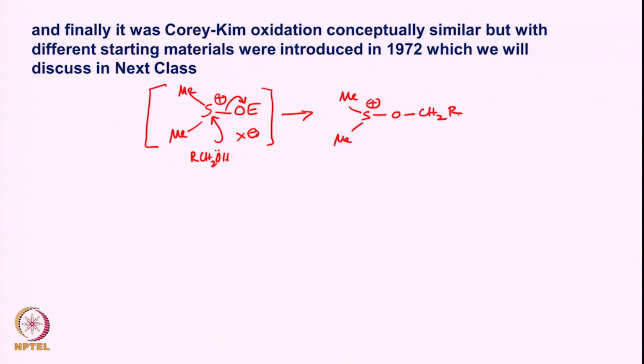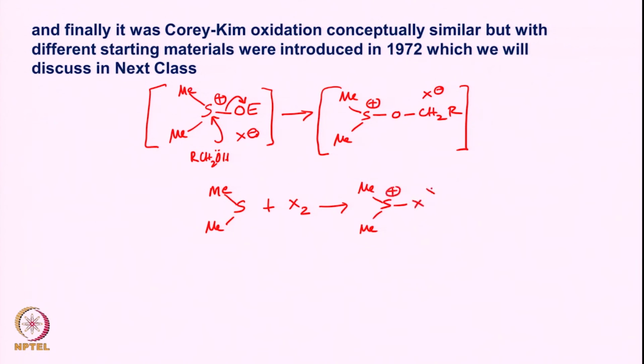So in order to get this intermediate, of course you have an X minus. One can also start not from DMSO, but from, for example, dimethyl sulfide, and react it with some electrophile such as a halogen and generate an intermediate of this type, which can also act as a crucial intermediate, to which the alcohol can react and form the intermediate of this kind, which eventually gives the aldehyde or ketone.